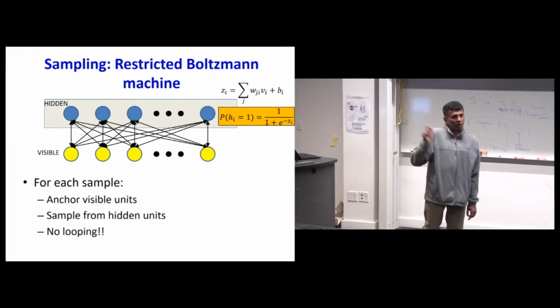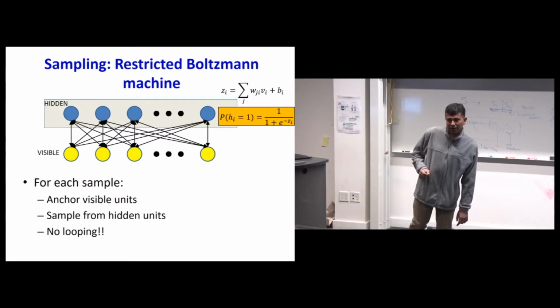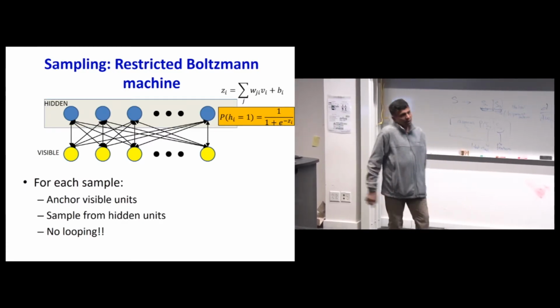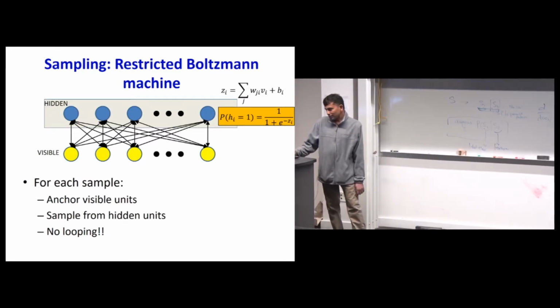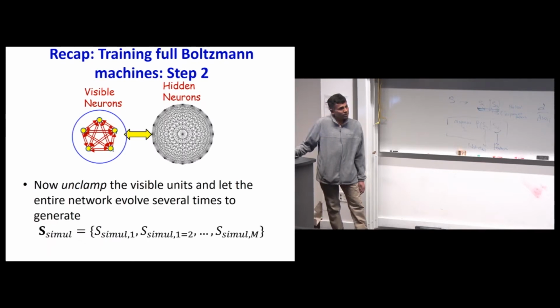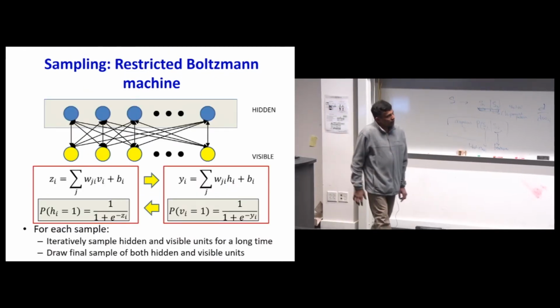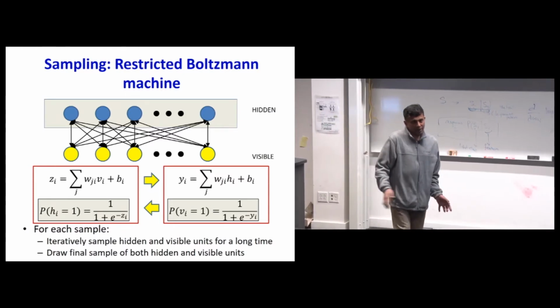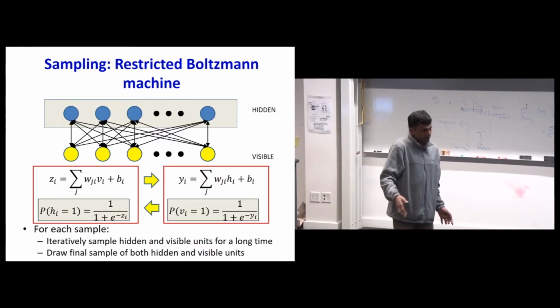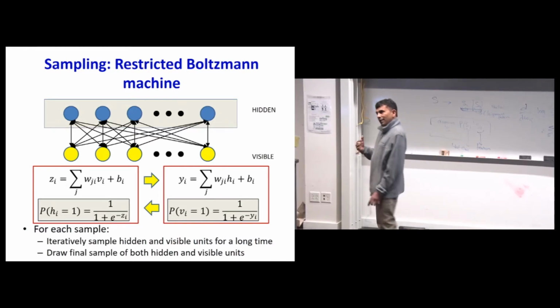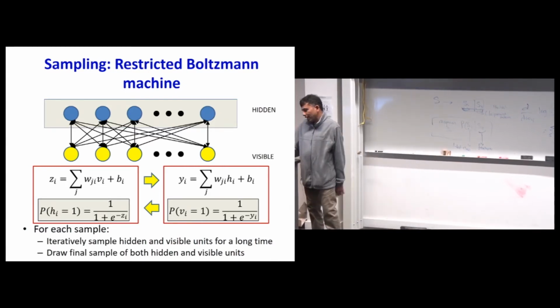In one sampling shot, you have extended it with the hidden values. And then here was the second step, where again there was this very complicated evolution where the entire network evolved all at once. Here, if I want to do the unclamping, I fix the visible values, sample the hidden values, fix the hidden values, sample the visible values, and so on.